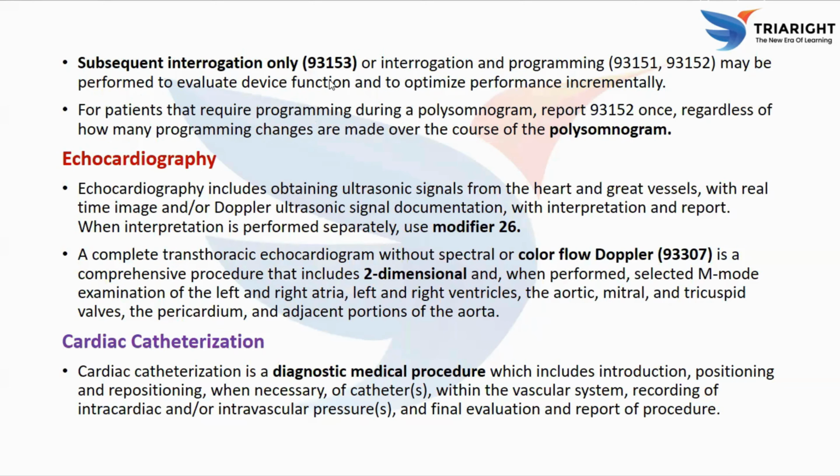It checks the device status and reviews the stored data, and no programming changes are made here. 93152 and 93151 are for interrogation as well as programming. They evaluate the devices and adjust the settings to optimize the performance. These services are used incrementally over time, but not on the day of the implantation.